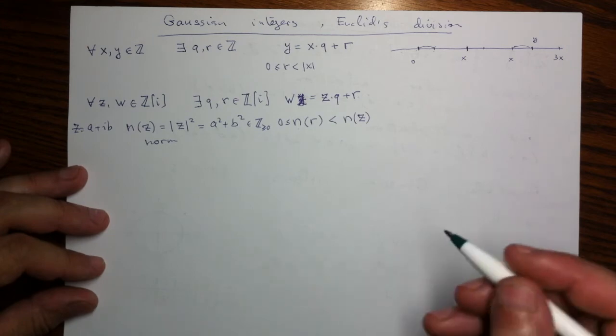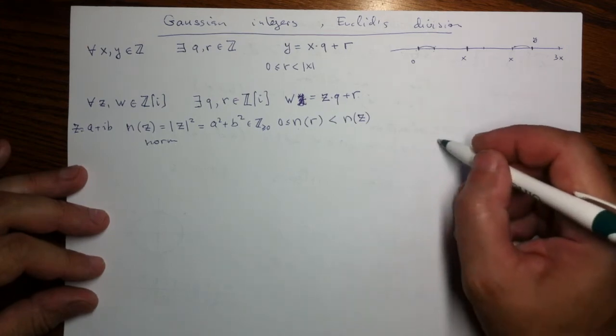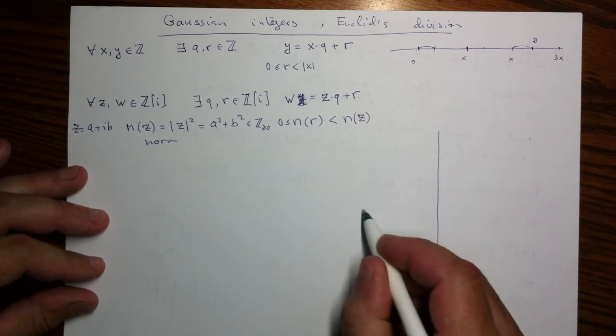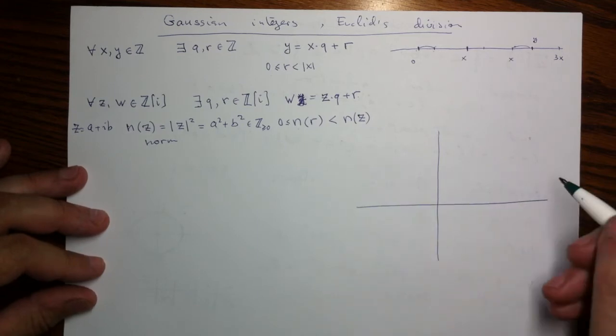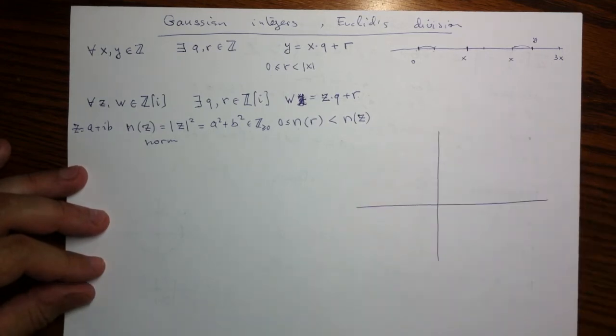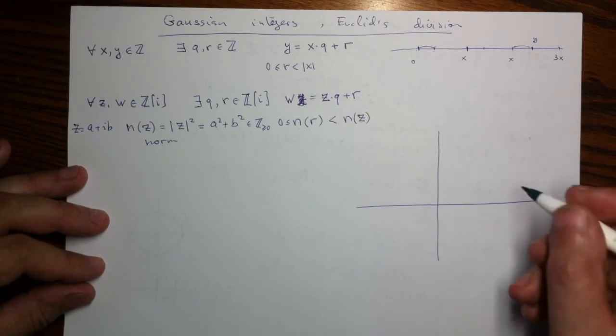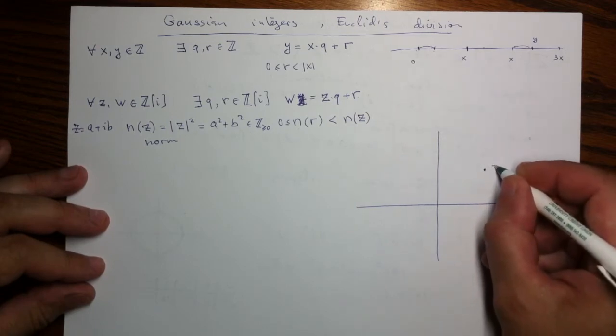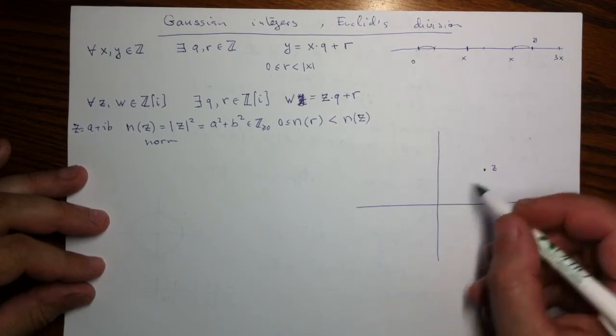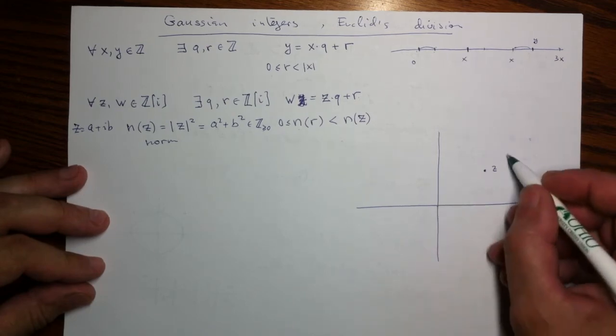So let's see what happens. Let me draw the complex plane, and integer points on this are my Gaussian integers. One of them is called z. Then I can draw a line through the origin and this.